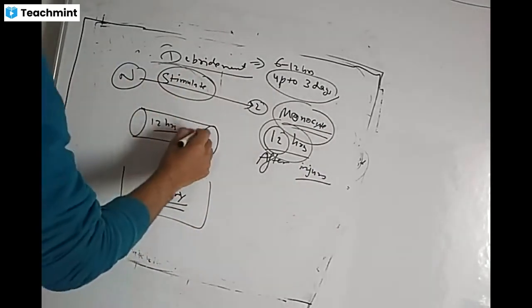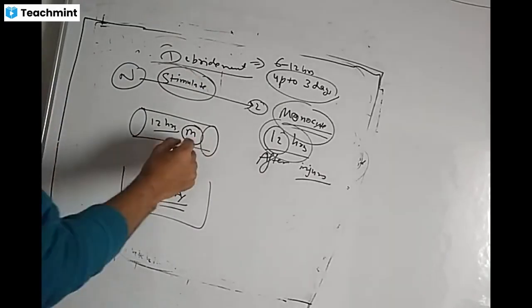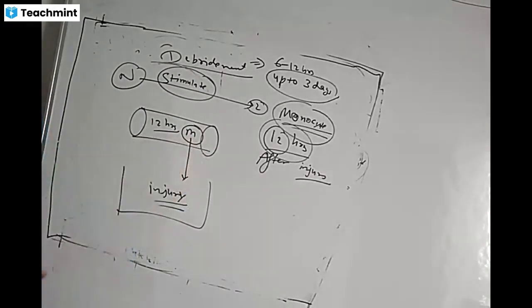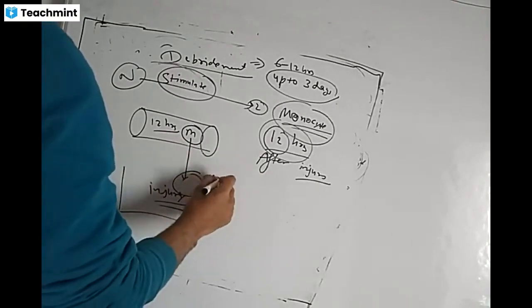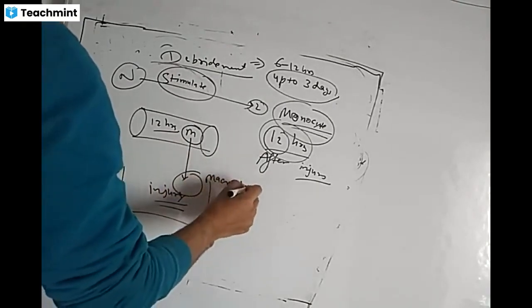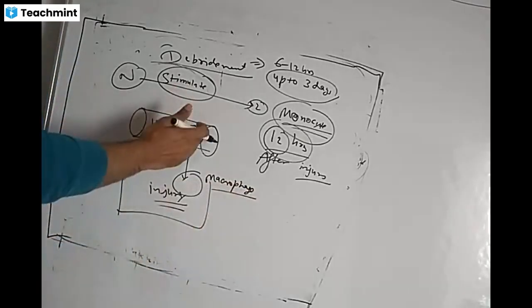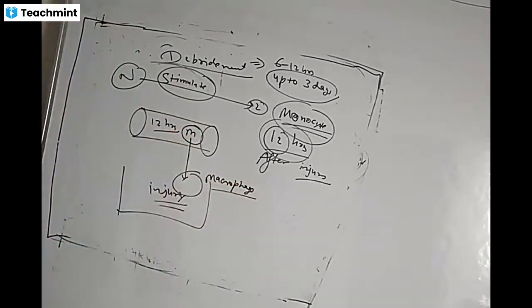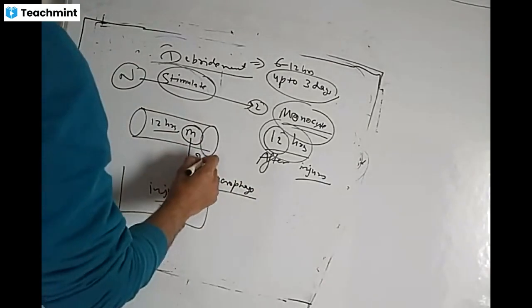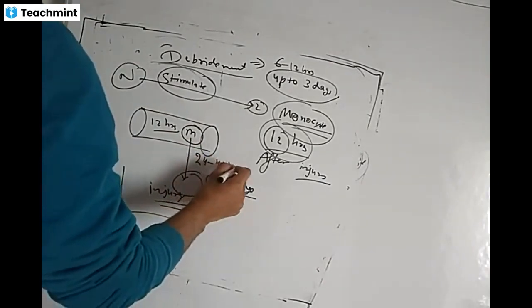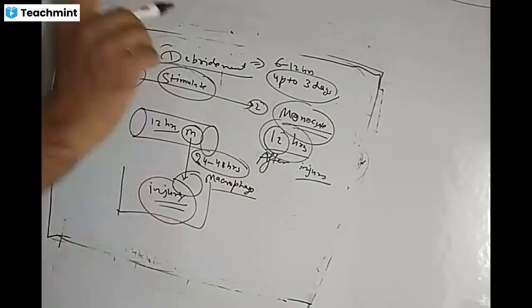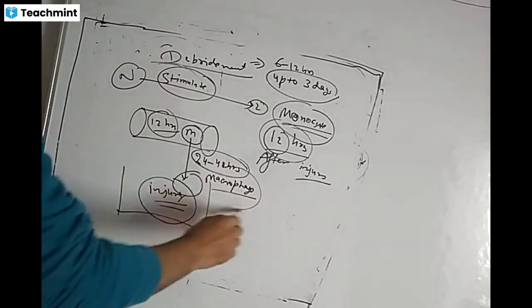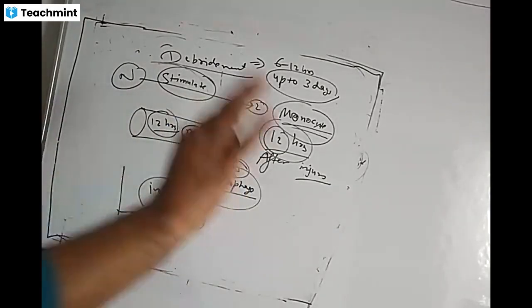When these monocytes come out of the blood vessels, their name changes. Now their name is macrophage. So monocyte becomes macrophage in 24 to 48 hours. They appear at the site of injury in 12 hours, but they become macrophage in 24 to 48 hours.